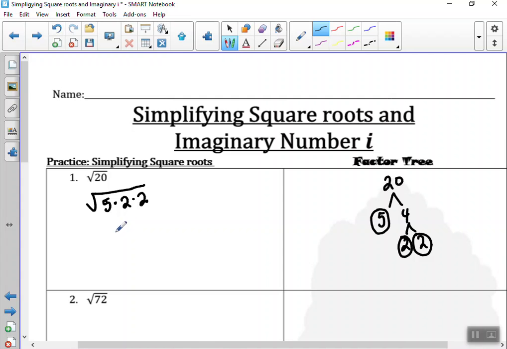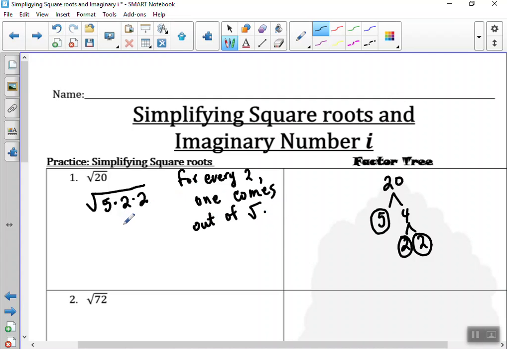And then at this point, just remember that for every 2, not the number 2, but for every 2 numbers that you have under here, 1 comes out of your radical.